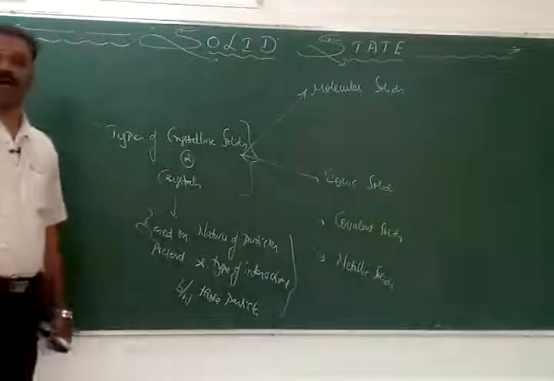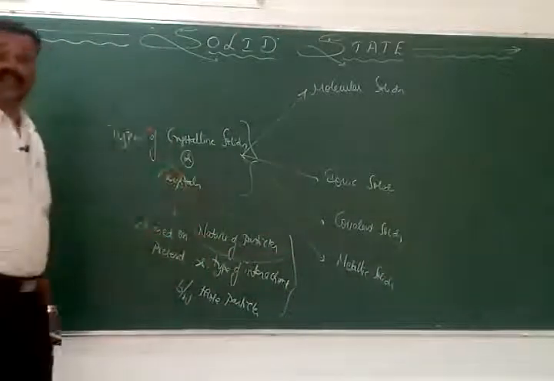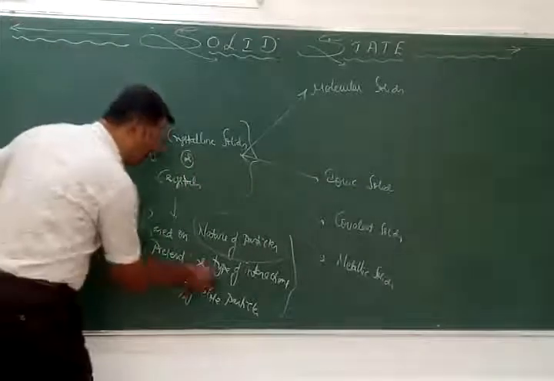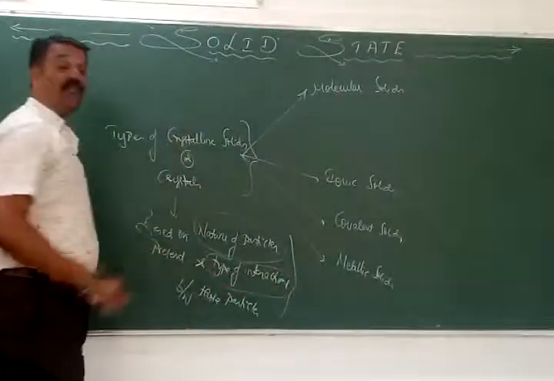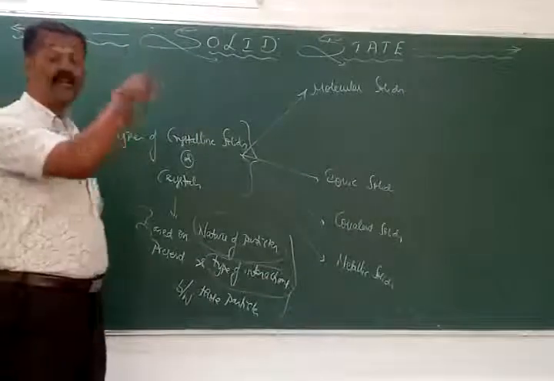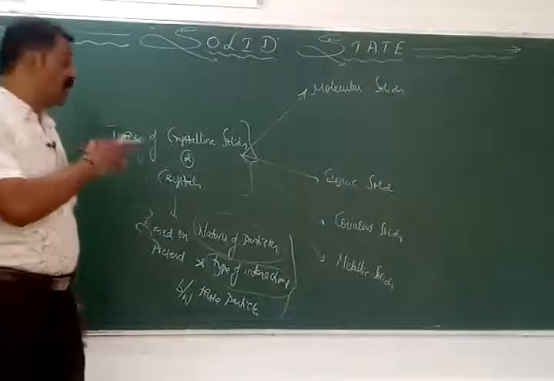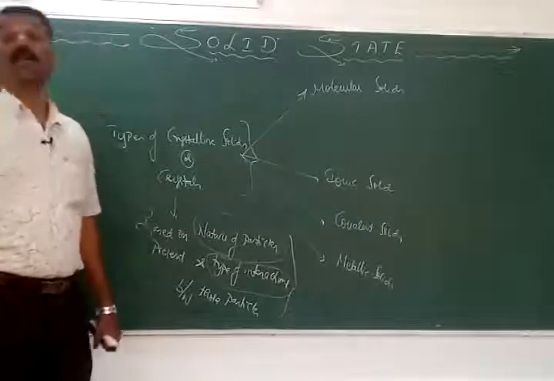It's based on what? What are the particles present, and what type of interactive force exists between those different particles. We can have 4 different types of crystalline solids, called molecular crystals, ionic crystals, covalent crystals, and then the metallic crystals.